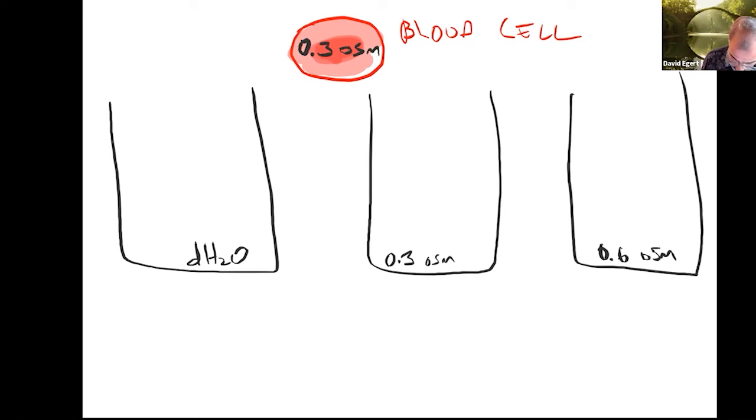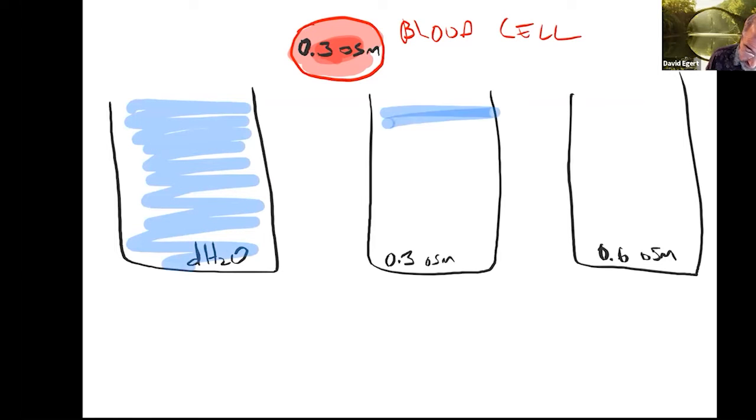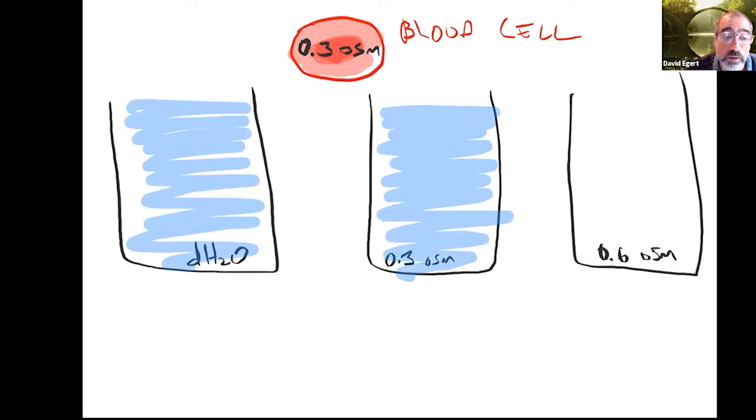So these are different solutions of whatever. This is just water. This has something dissolved in it, who knows what. It could be salt or sugar or whatever.